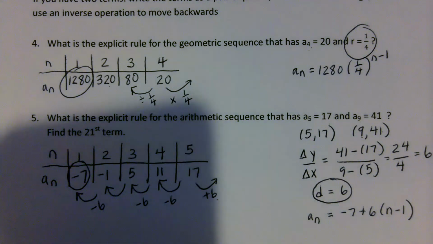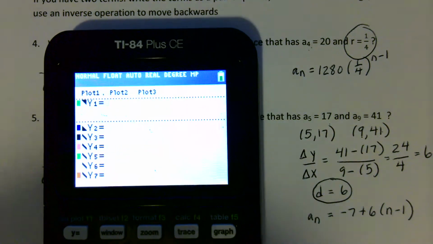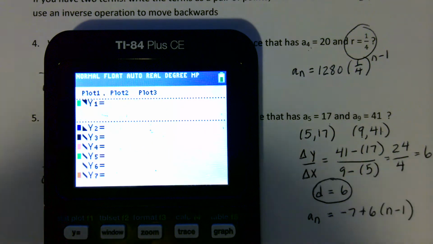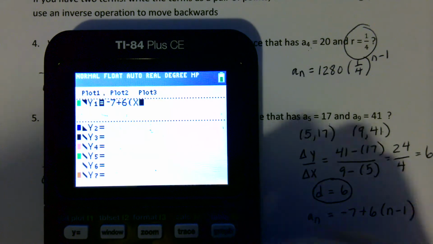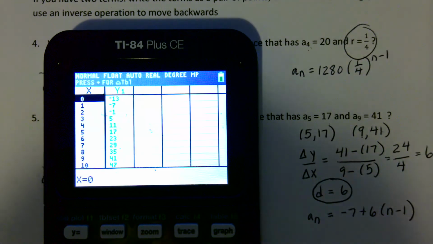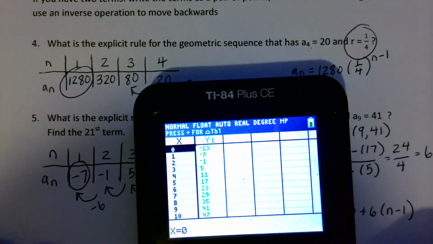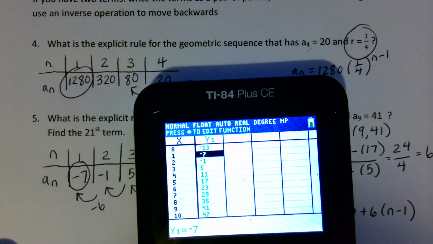Let's check that in the calculator. So you're going to go to y equals, clear whatever you have, and type this in. We have -7 plus 6 times x minus 1 in parentheses. I'm going to go to my table of values, and let's see. When x is 1, y is -7.